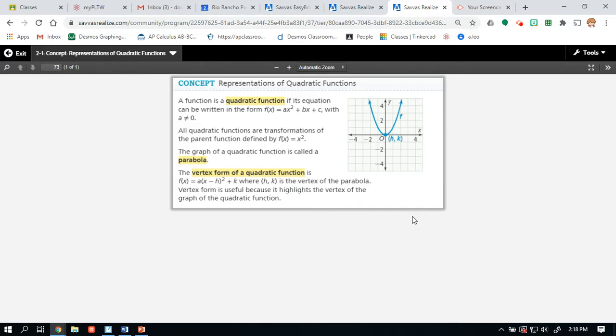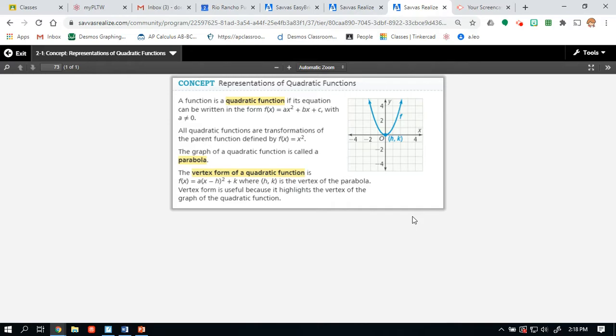All quadratic functions are transformations of a parent function, and the parent function is x squared. Another characteristic of quadratic functions is that they typically have the domain of all real numbers, unless otherwise specified, and usually we would see that as some kind of conditions that they're being met, or they're part of a piecewise function.